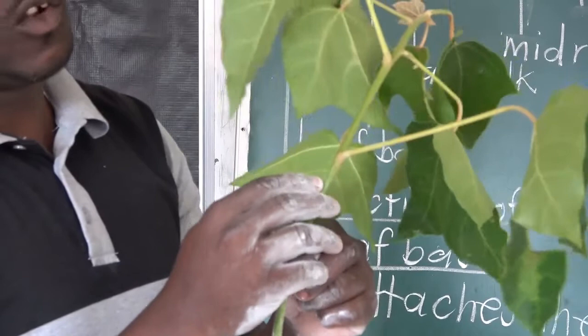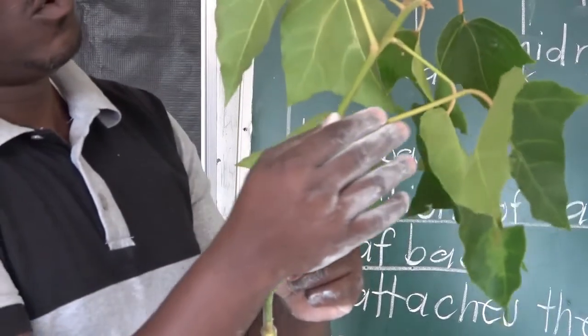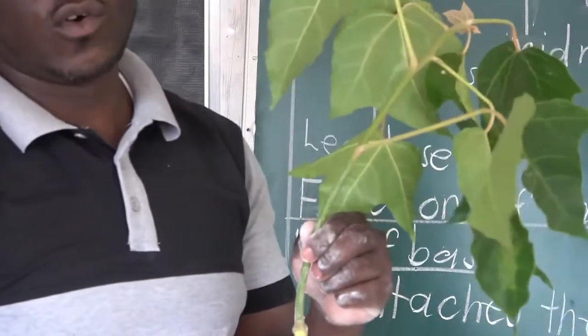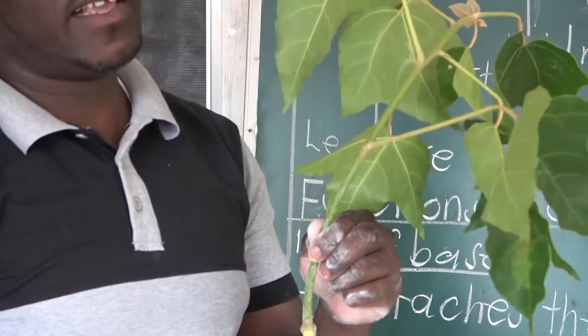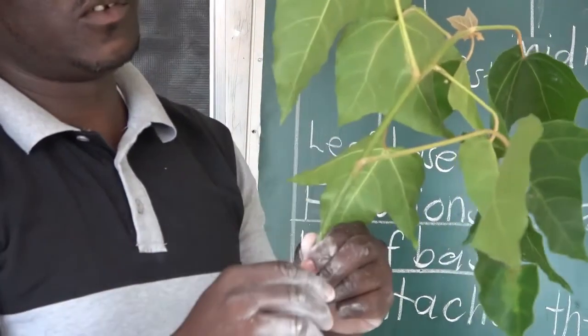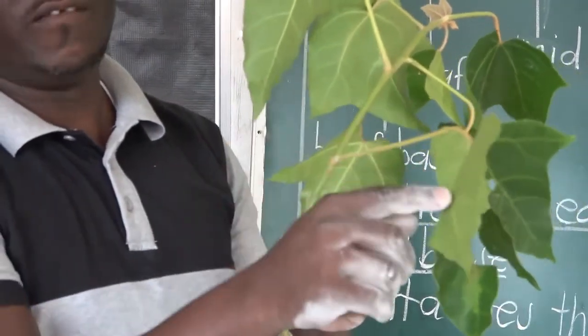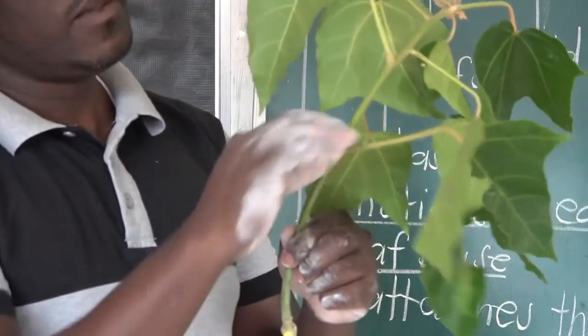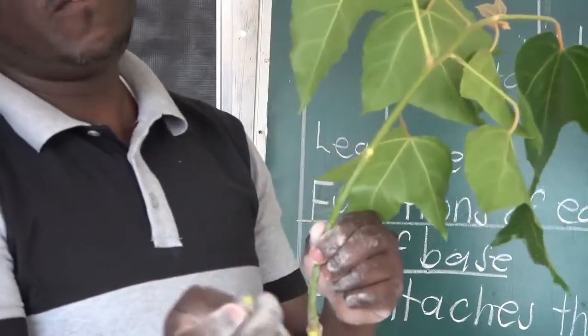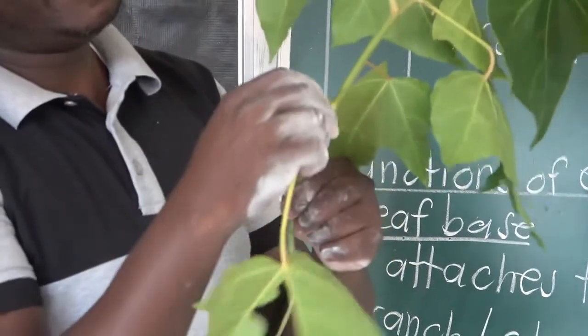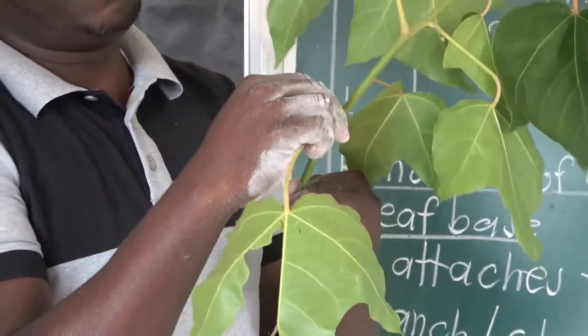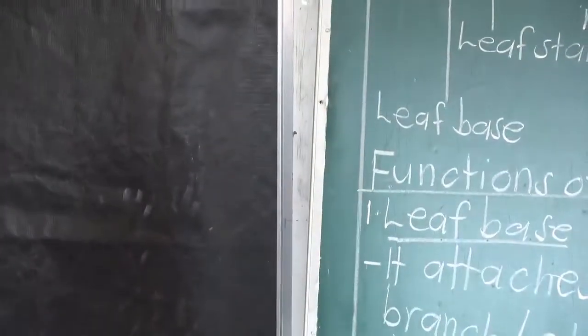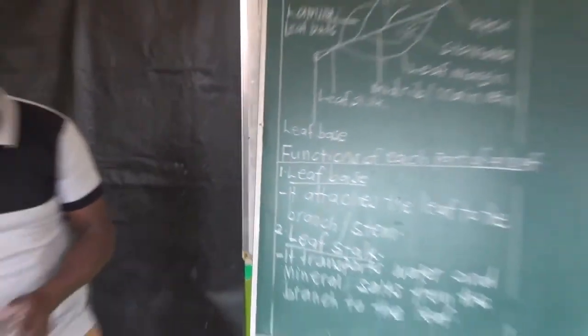So water and mineral salts move through the leaf stalk. That's why we are saying it transports water and mineral salts from the branch to the leaf. Then, the leaf base attaches the leaf to the branch.